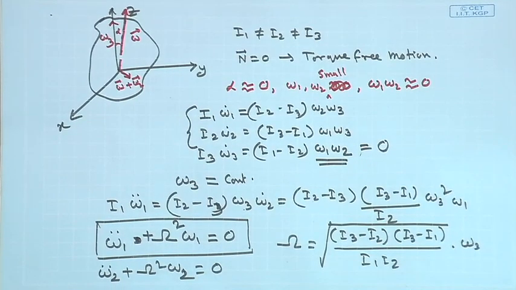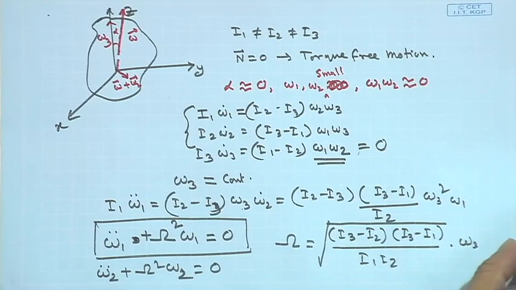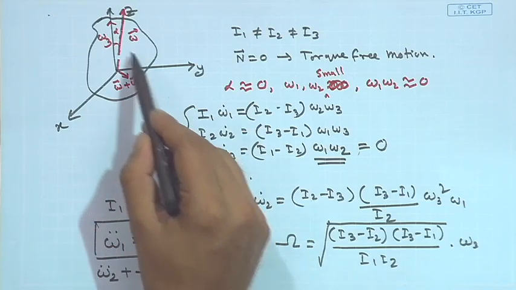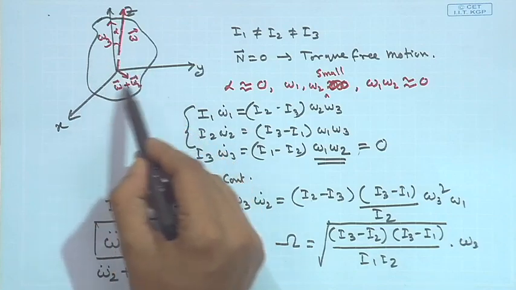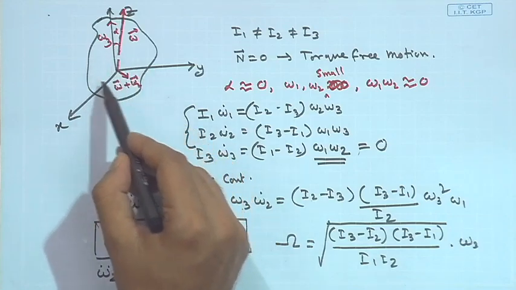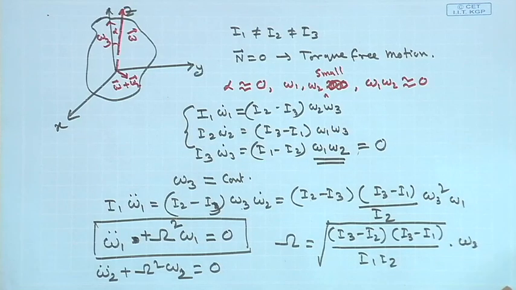We can do that. Now, these two equations, just like we did in case of symmetric top, from here we wrote two oscillatory solutions, and then we said the omega 1 plus omega 2 component is executing an oscillation around the body z axis.